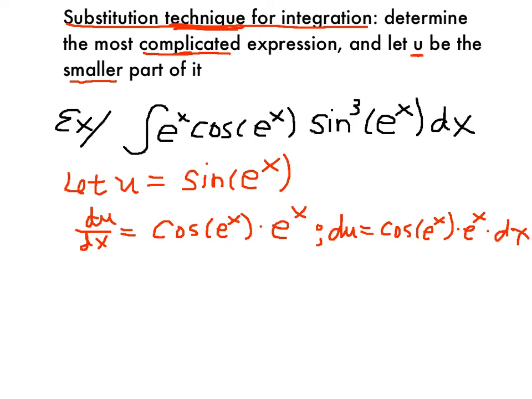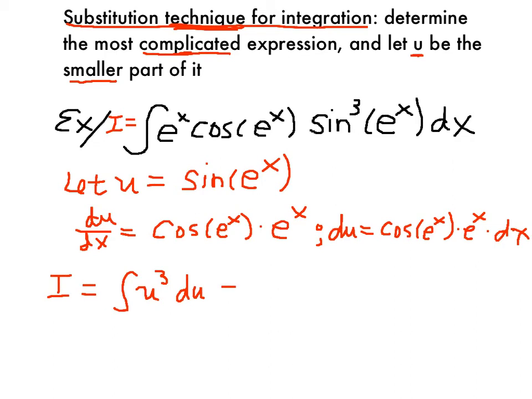And now what I want you to look at is this expression right here. And notice that here it is here. And so when we make our substitution, let's call this integral I, we see that now we can write I as simply u, which is sine of e to the x, cubed, du.